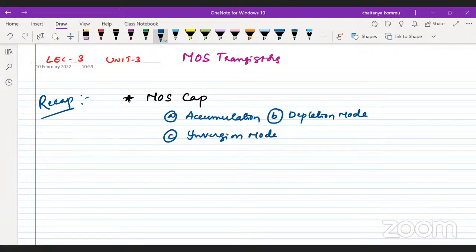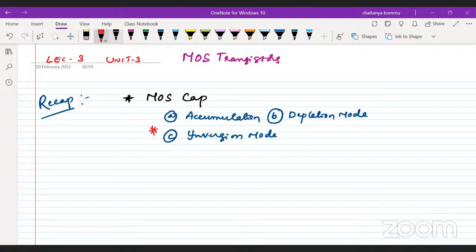It is very important to note that for a MOS transistor, we have to bring the MOS capacitor into the inversion mode of operation. That means we have to apply a positive potential at the gate, at the top plate.